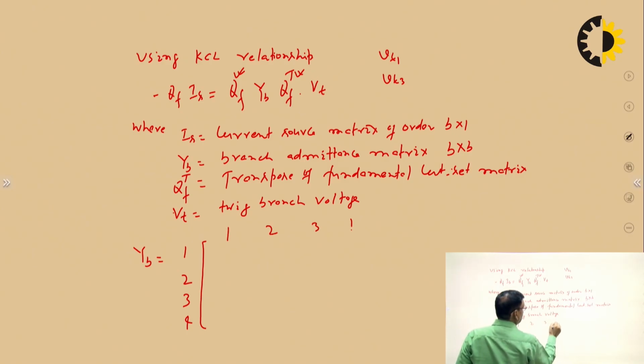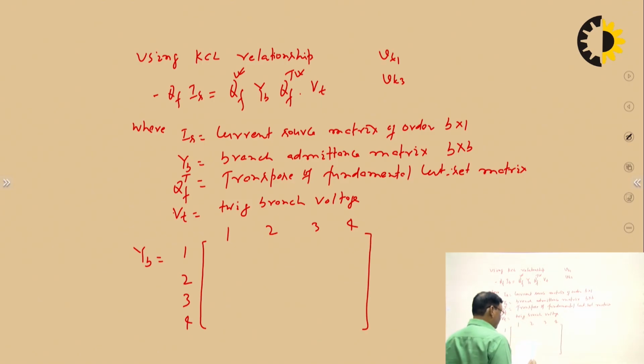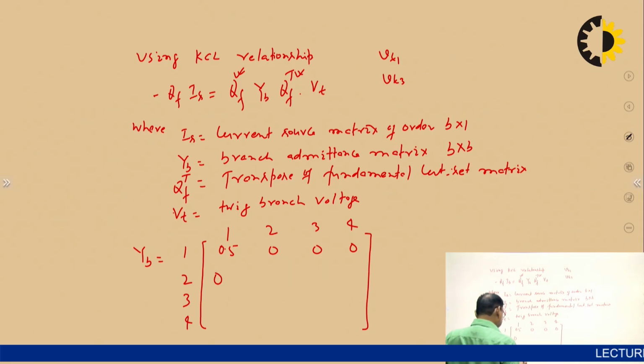In branch number 1, the impedance is given as 2 ohms, so the admittance is 0.5 mho, remaining 0. Now branch number 2, the impedance given is 1, so the admittance will be 1, remaining 0.